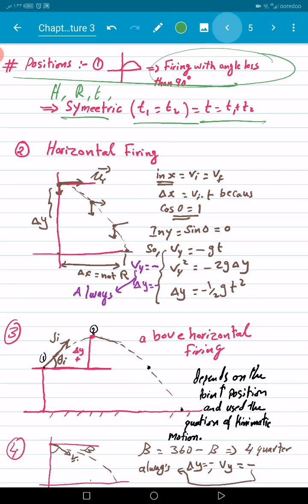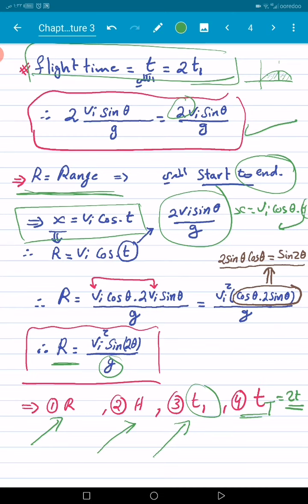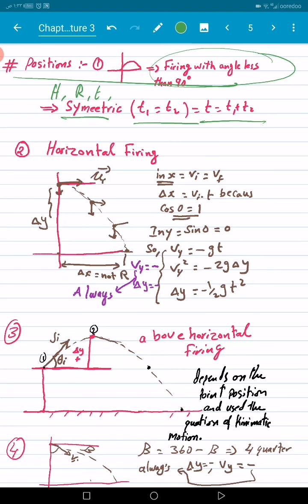The last point is the time of flight, t total, which is t1 plus t2, where t1 is the time to reach the maximum height and t2 is the time from the maximum height to reach the ground. Those are the important notes in the symmetric case, when firing from the origin 0, 0.